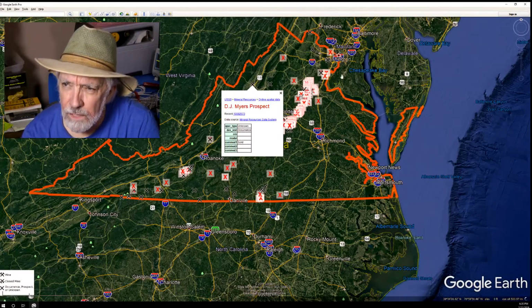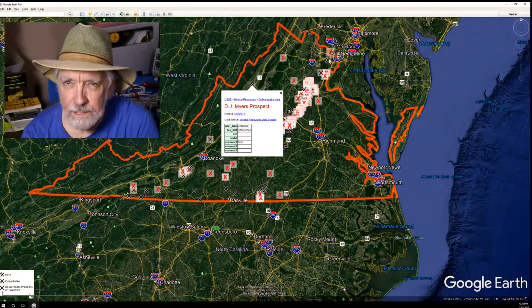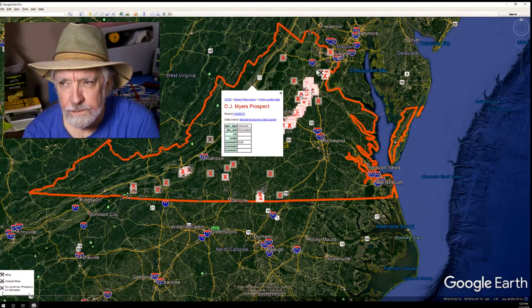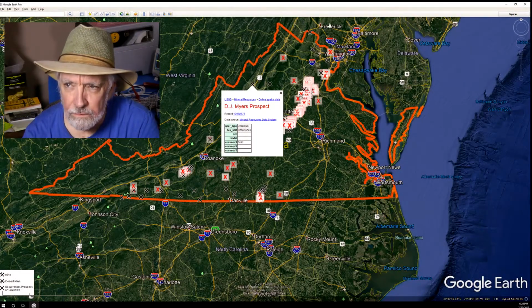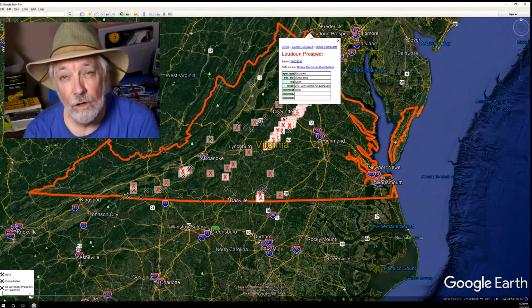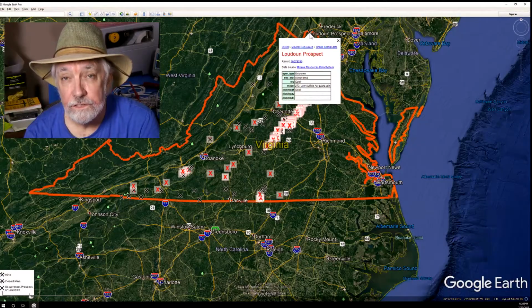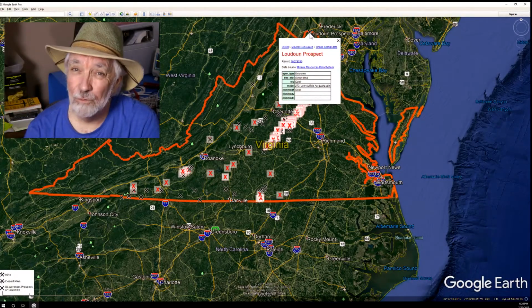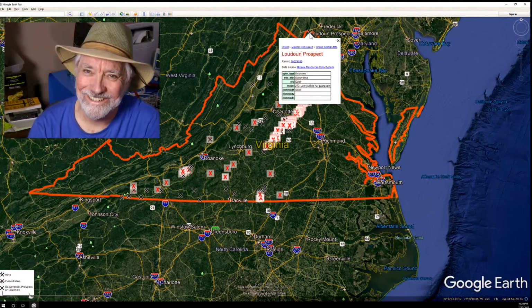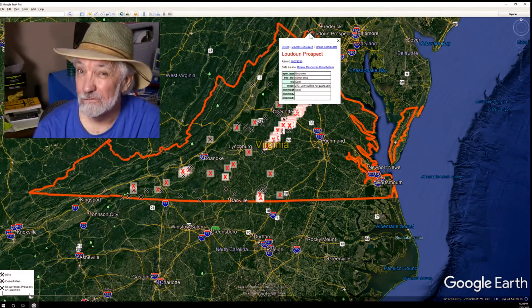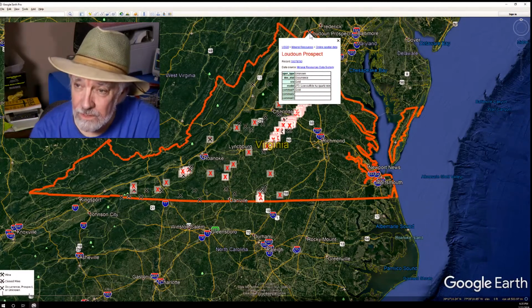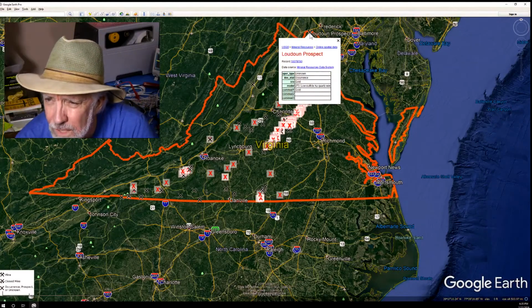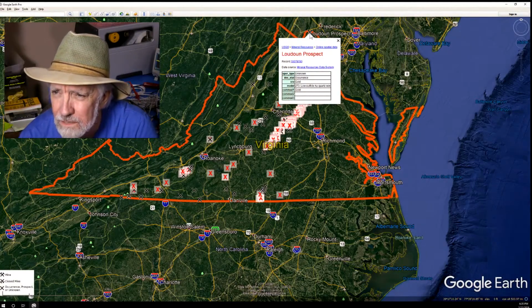You can see this thing has a trend to go through Washington, D.C. and on into Baltimore. I didn't show that on this map, but it does. If people want to know where to mine for gold in Washington, D.C., maybe we'll do that one as a special. But I wouldn't try it because they think you're looking for a certain fort. So this is low sulfide gold quartz vein on this one.